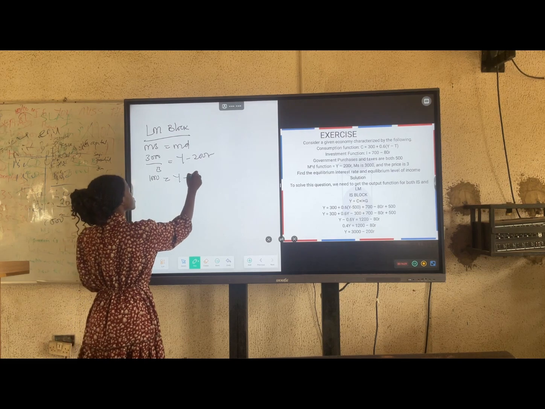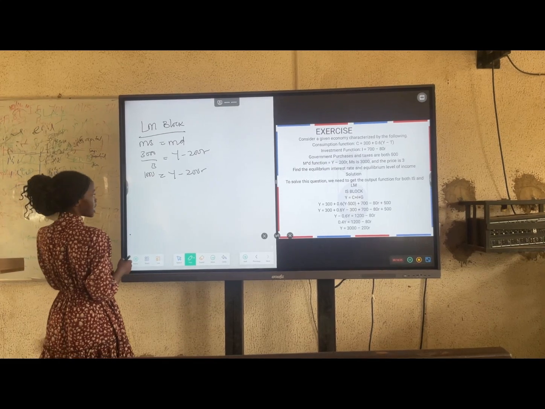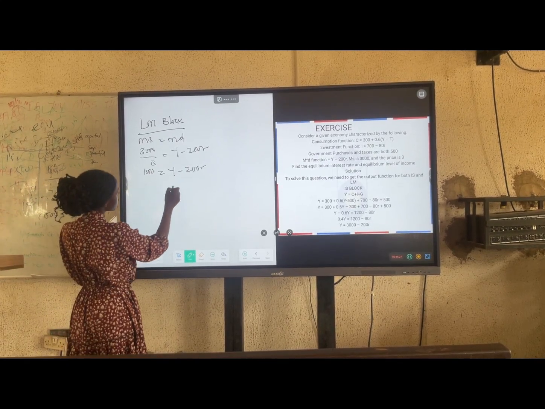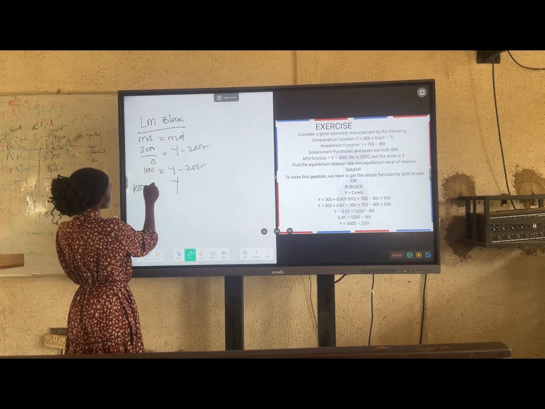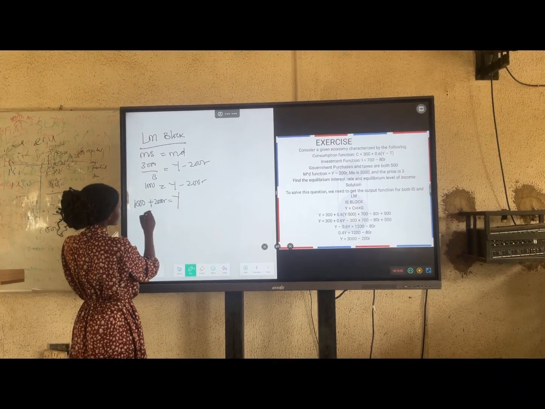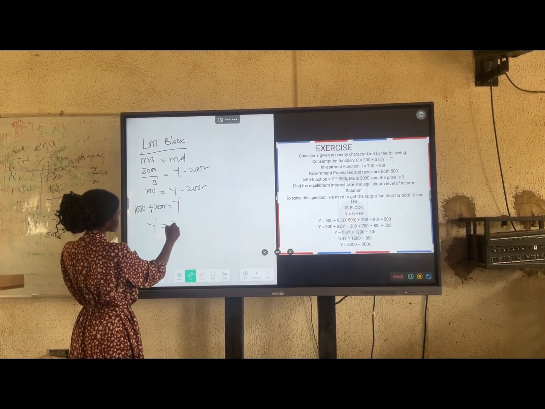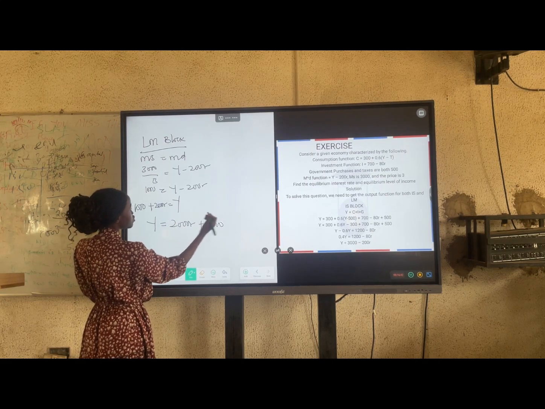Now, moving Y to the other side, just basically leaving Y where it is and moving the 200 r to the other side. So we have Y equals 200 r plus 1000.